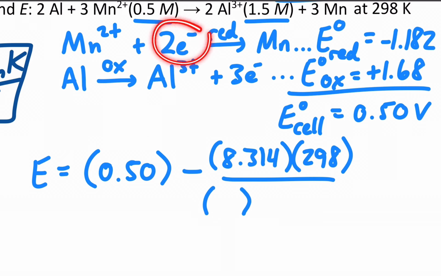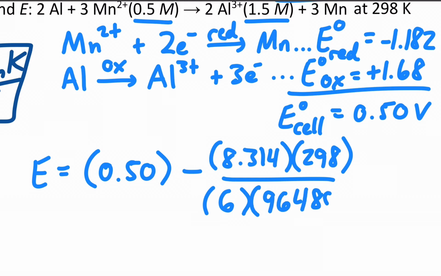Well, look at the electron count for those two half reactions. I'm not going to write out what it looks like once it's balanced, but you should be able to tell. You'd have to triple the reduction and double the oxidation. So those electron counts are going to become 6. And then Faraday's constant, we just learned, 96485.